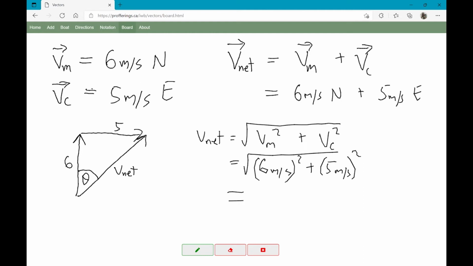And when I do the math, I end up with an answer of approximately 7.8 meters per second. So the boat will travel at an actual speed of about 7.8 meters per second.